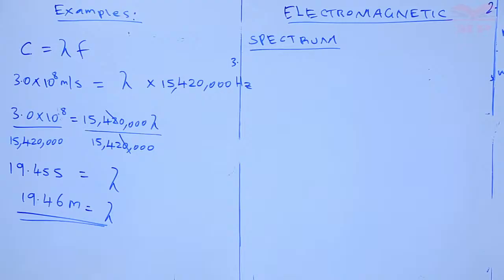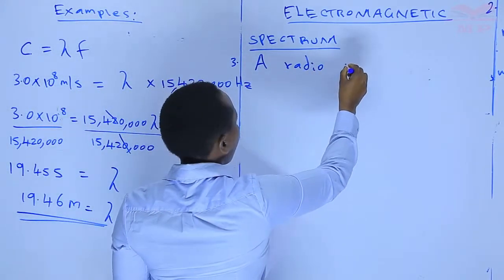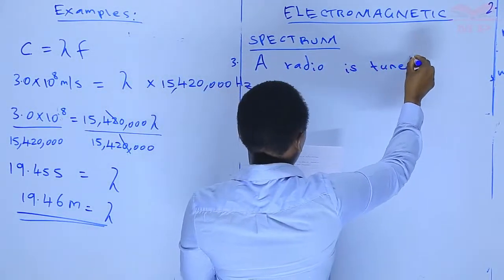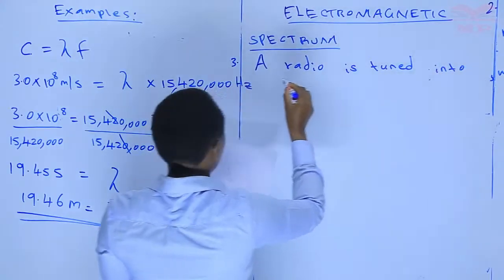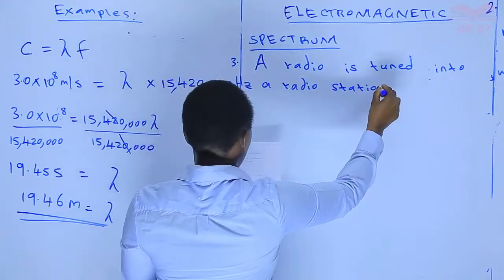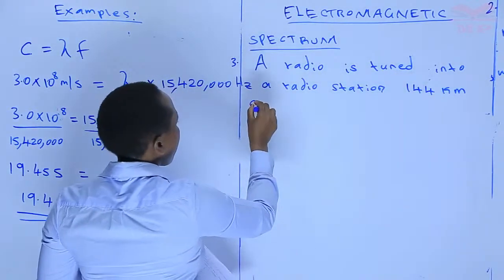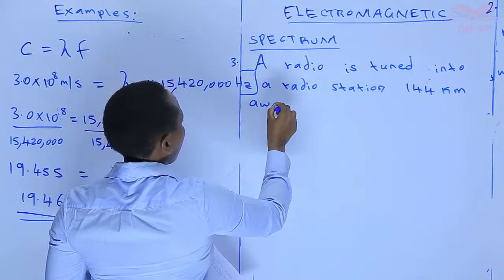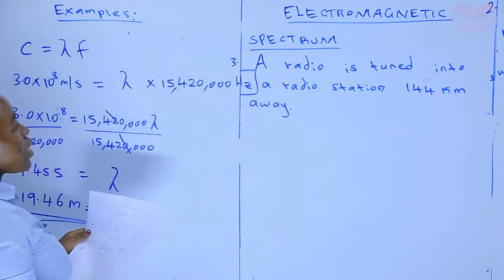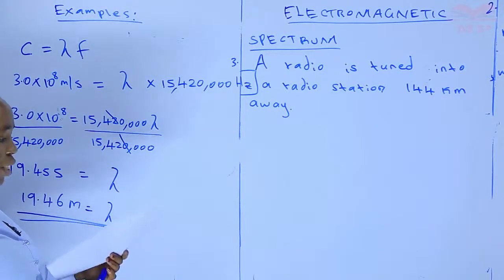We are told that a radio is tuned into a radio station 144 kilometers away. So the radio is 144 kilometers away from a radio station.